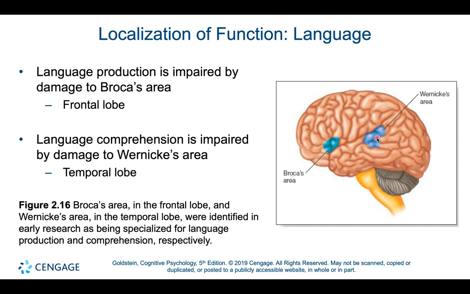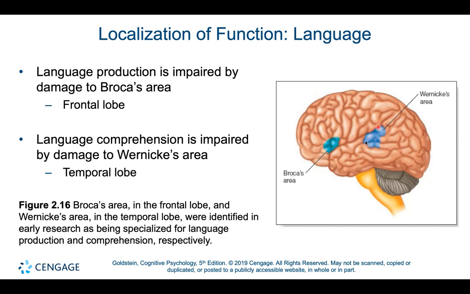So we have area A, Broca's area, area B, Wernicke's area, such that damage to area A impacts function A, language production, but it does not impact function B, language comprehension.